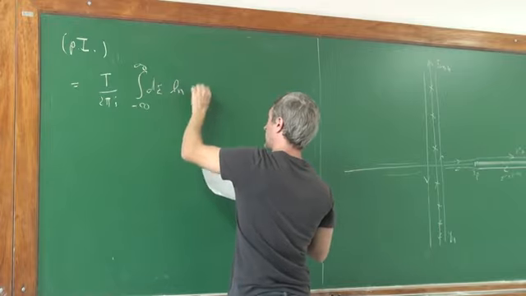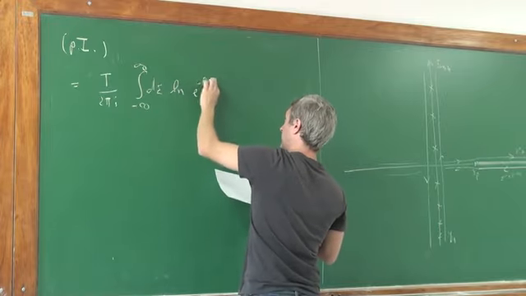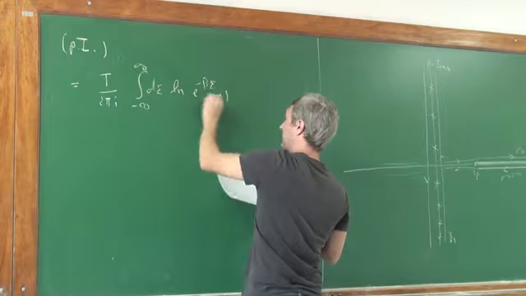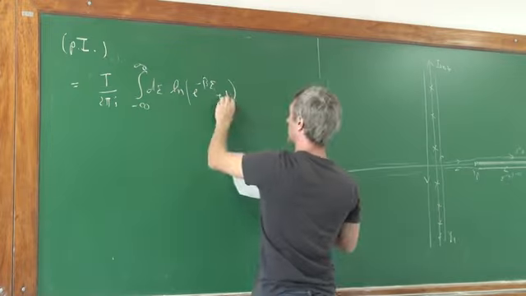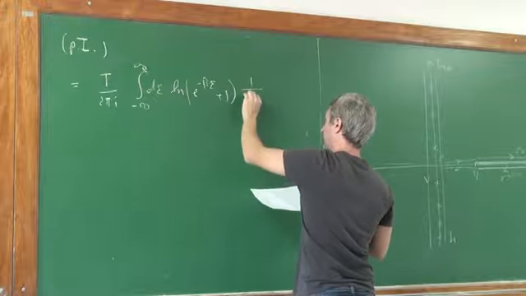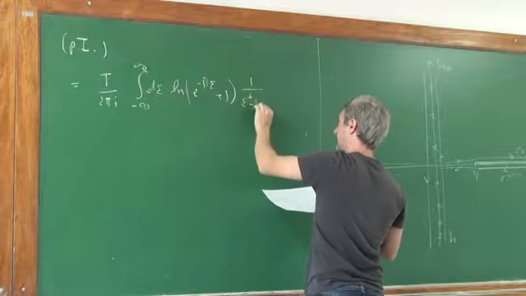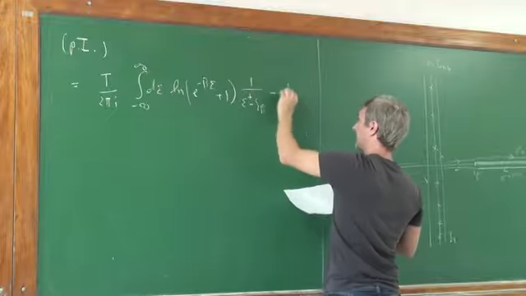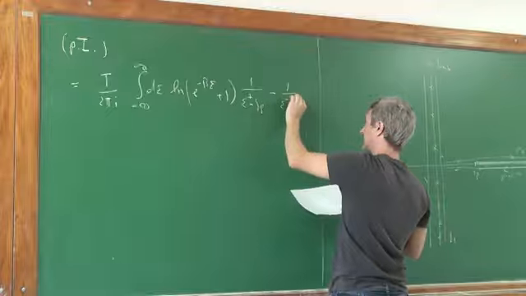Here we did the partial integration, so this remains log. And then from the derivative we get 1 over epsilon plus minus 1 over epsilon minus.